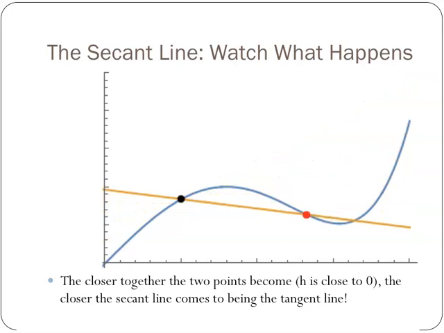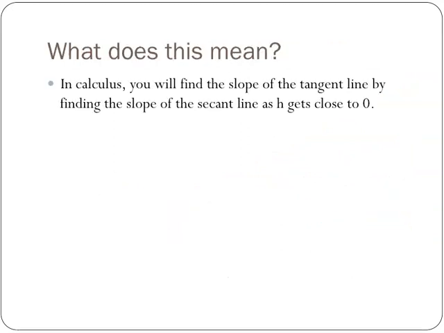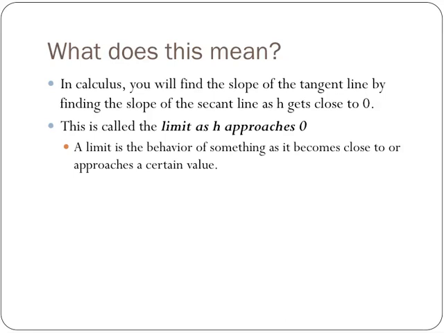So what does this mean for us? Well, in calculus, you will be finding the slope of the tangent line by finding the slope of the secant line as h gets really, really close to 0. The language used for this calculus concept is the limit as h approaches 0. Now, a limit is the behavior of a graph as it becomes closer and closer to a certain value.